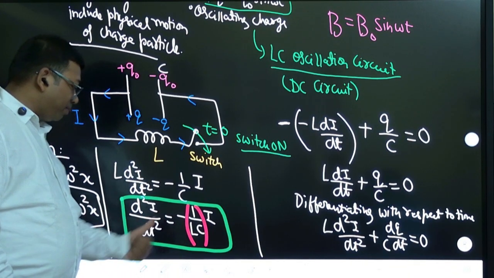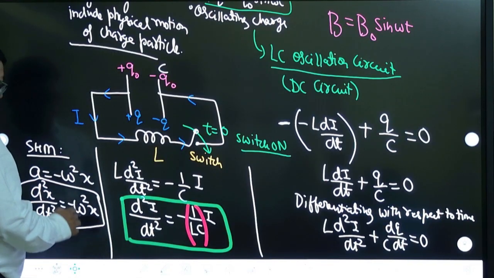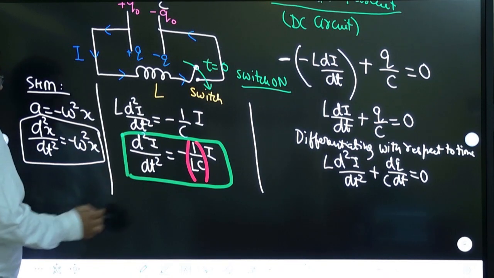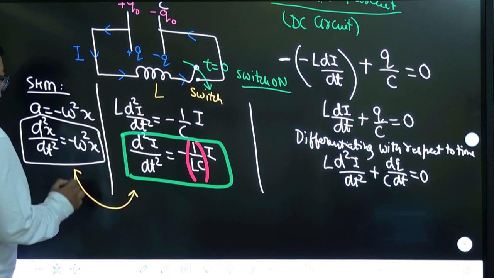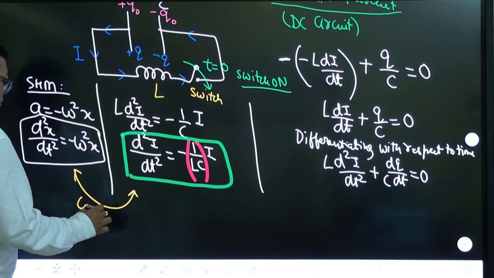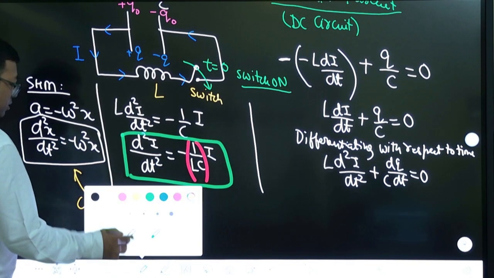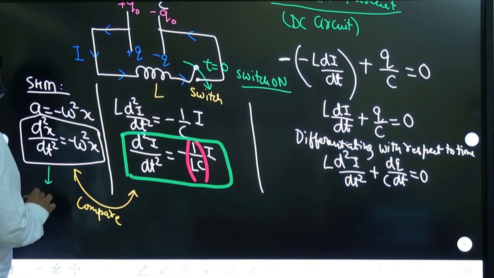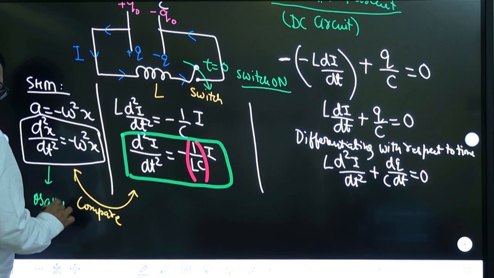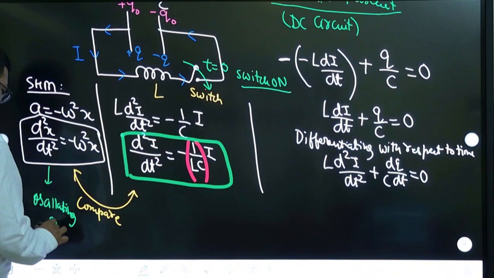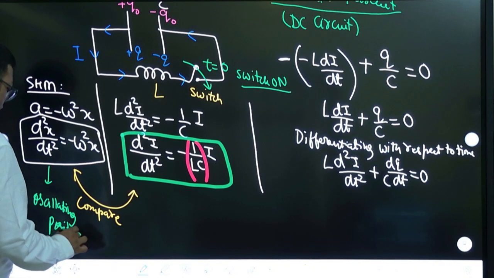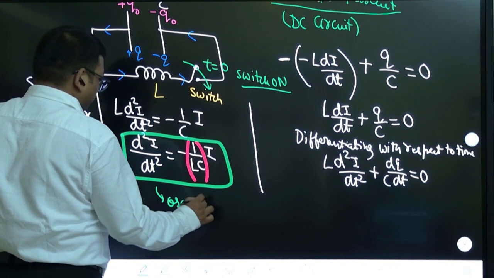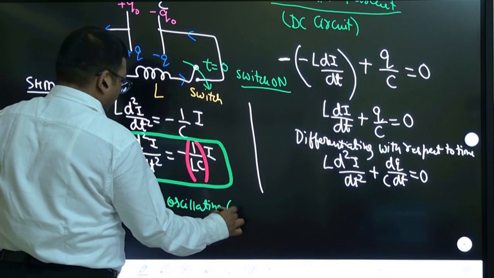If you compare these two equations, you can conclude that this is oscillating position and this is oscillating current.